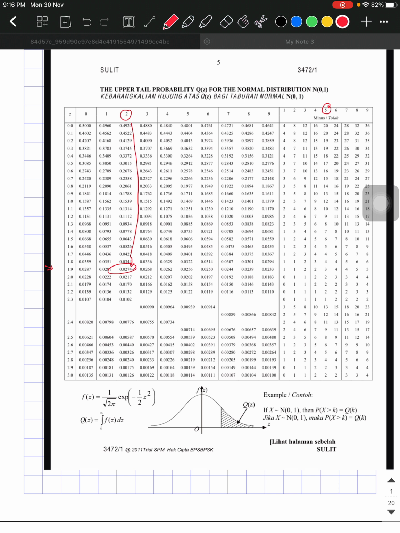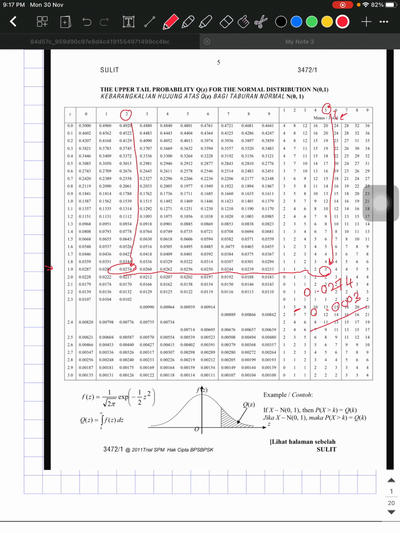You need to minus. Minus means you have to subtract with what? With this value, you can see here. You need to subtract 0.0274 with 0.0003.